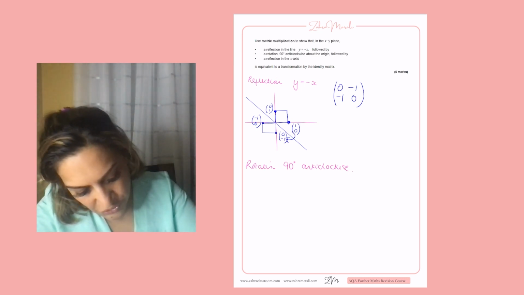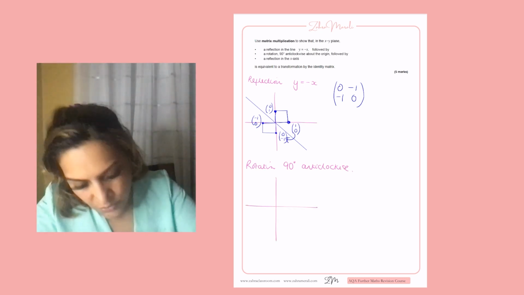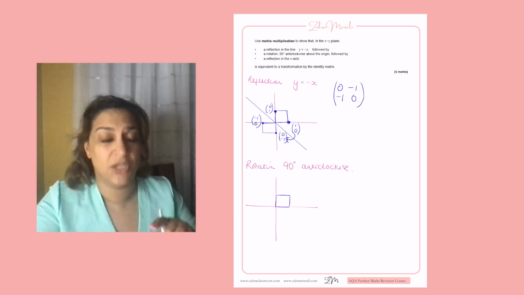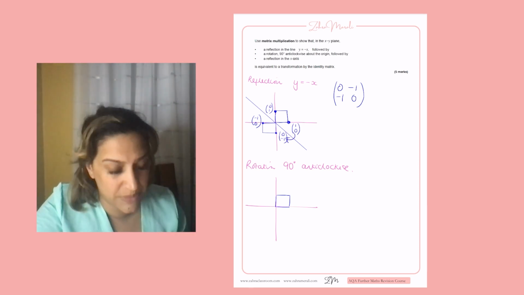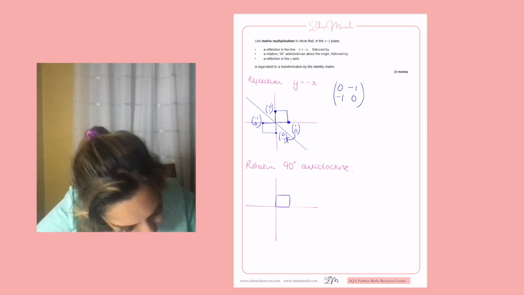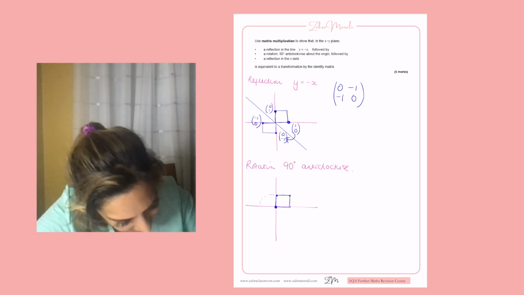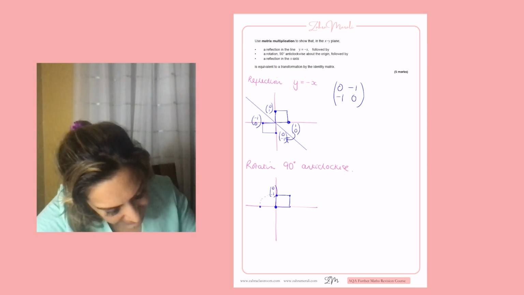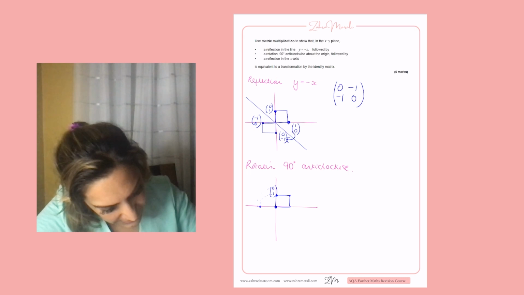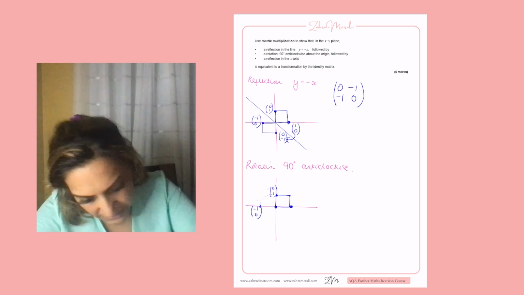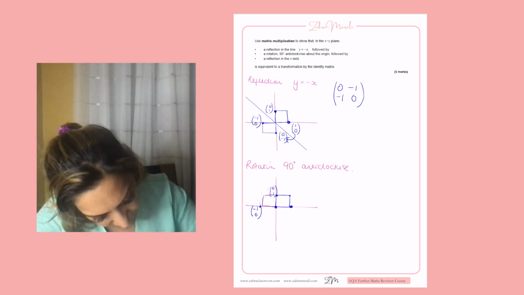So if I was to draw my unit square again, and I'm rotating it anti-clockwise 90 degrees, I'm saying to myself, what's happening to each of those points? So this point here, this point here, this point here, this point here. This point comes down, it's going to go here. So this was the point, like we said, 0, 1, and that's going to come down over here and become minus 1, 0.